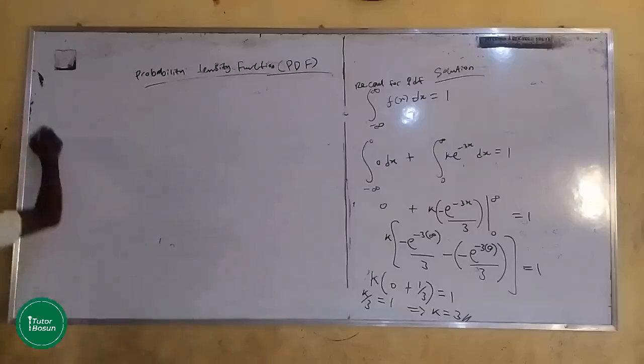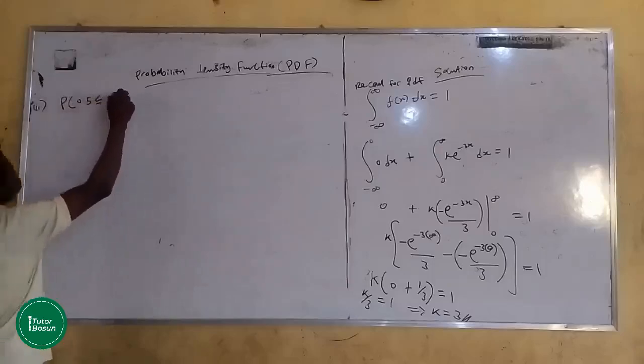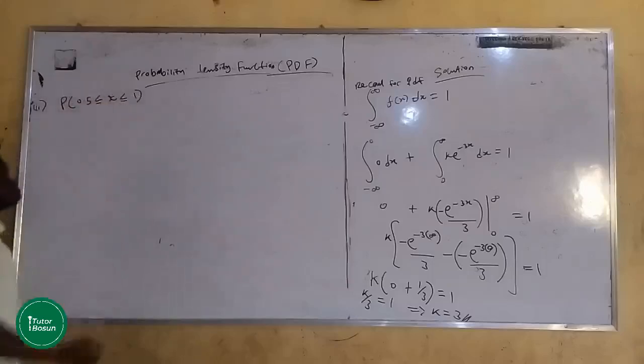And the next question says to calculate the probability of 0.5 less than or equal to x less than or equal to 1. We have used p, which we determined, in our probability function.